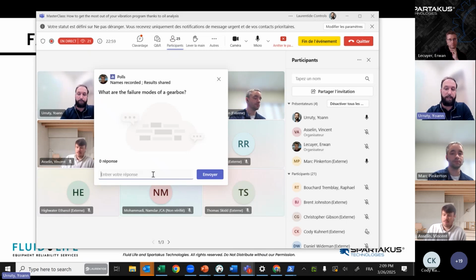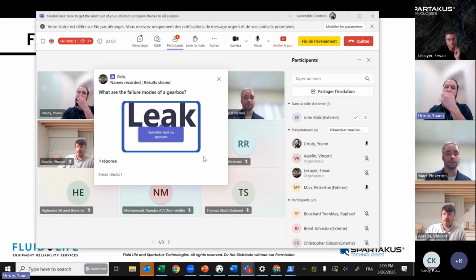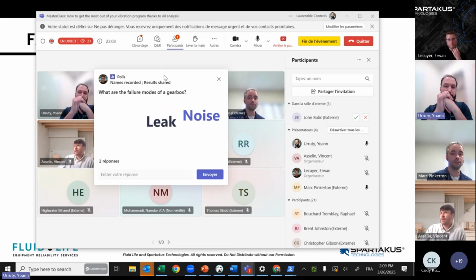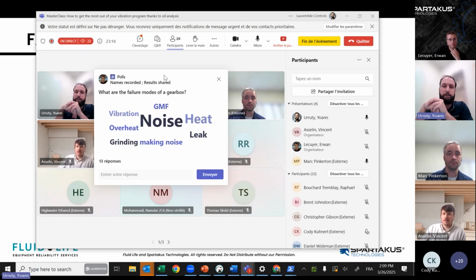For example, I'm going to say it can leak. And you can type down as many as you want. The idea is, according to your knowledge and experience, how can you identify potential defects on gearboxes?